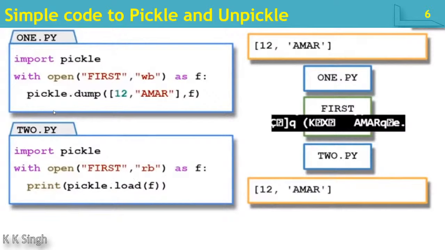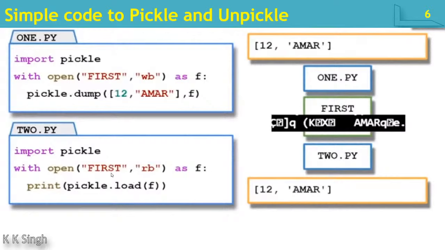And see, I had used pickle.dump in writing mode, and so I wrote a list onto the file, that is first binary file. So this list was written onto the binary file, and over here I am going to load the binary data from the file first, and this will be printed.